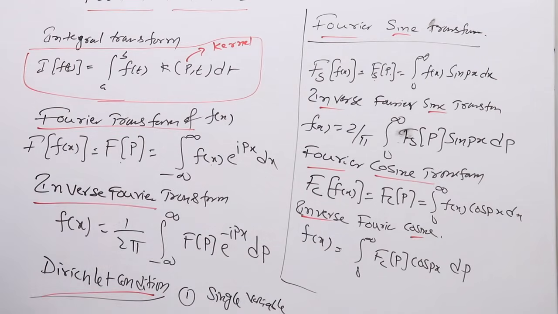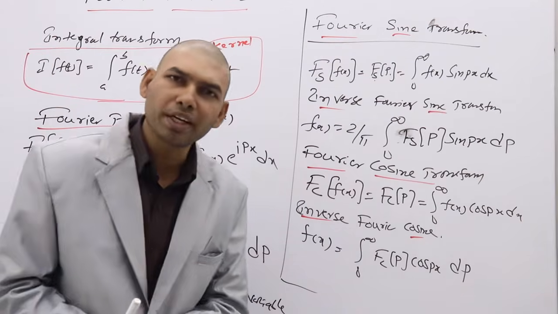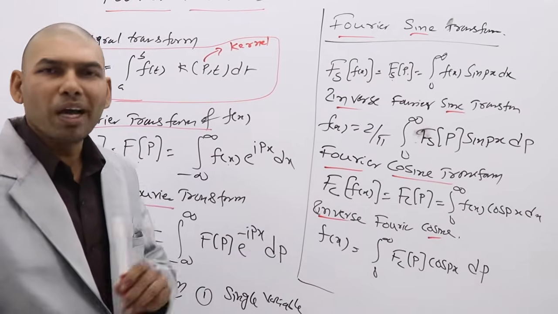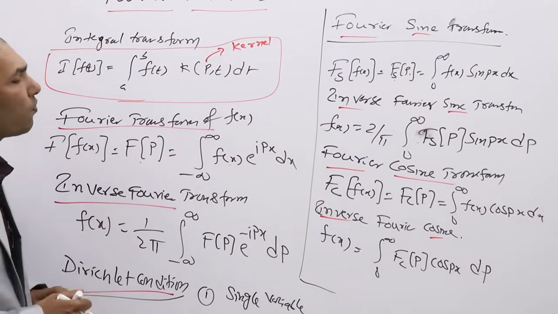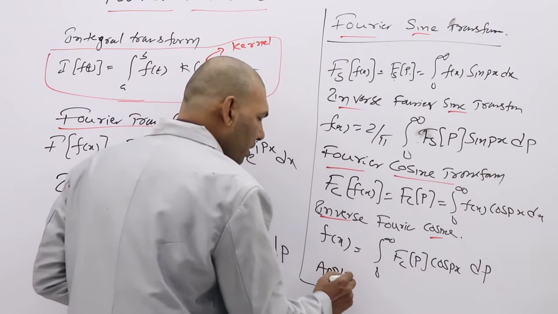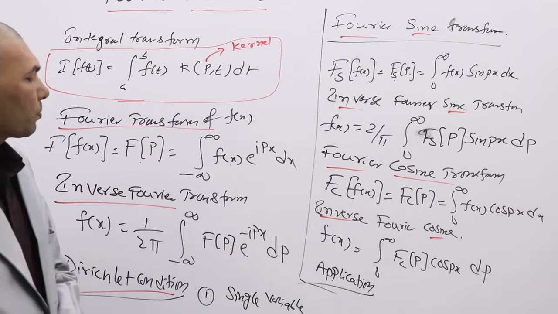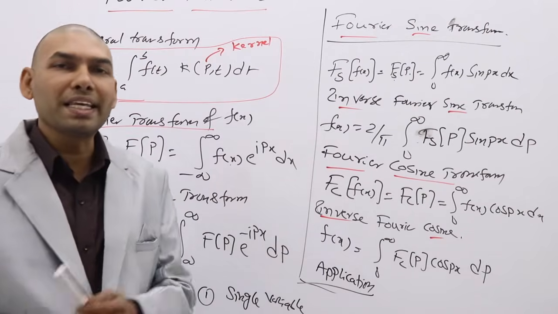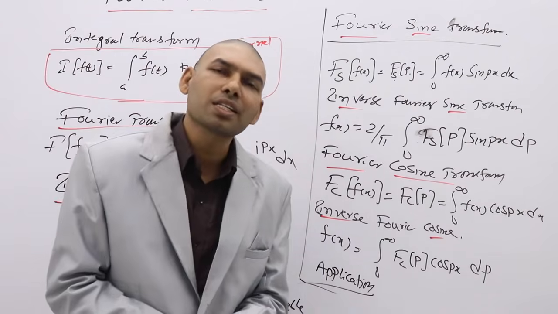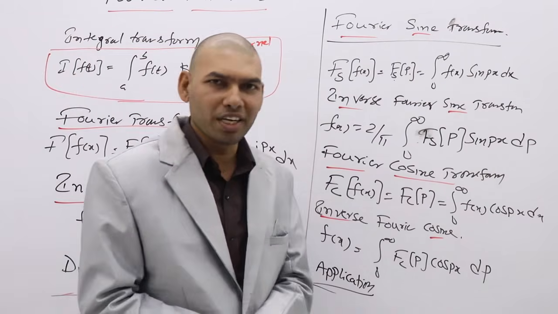So these are the formulas we are going to use to find Fourier transform, Fourier sine transform, Fourier cosine transform. Then you may wonder what is the use of Fourier transforms, the applications. We can use this in ECE, electronics and communication engineering.